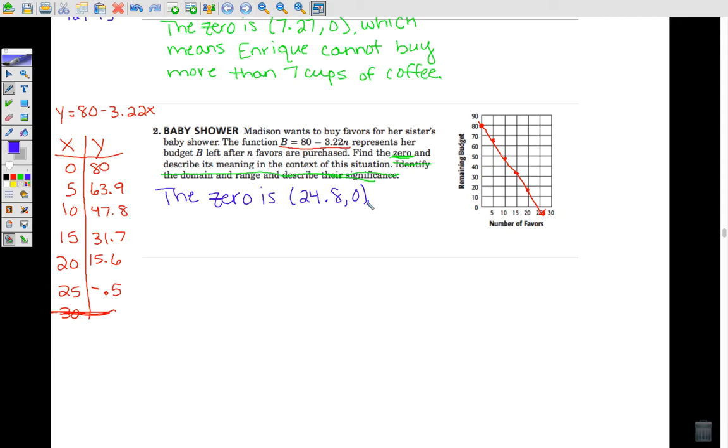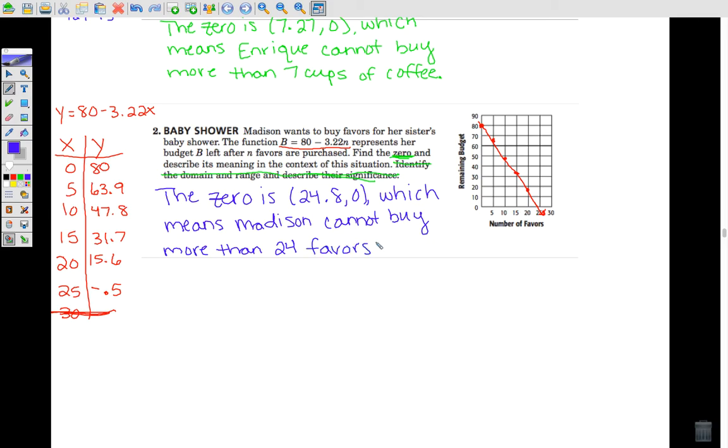Which means Madison cannot buy more than 24 favors. Because if she does buy more than 24 favors, then she's going to go over her budget.